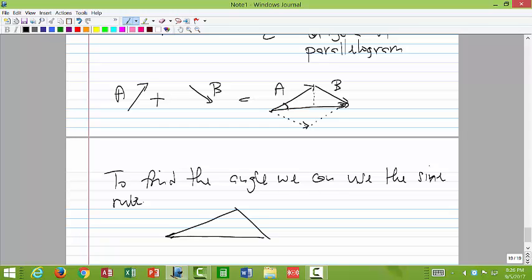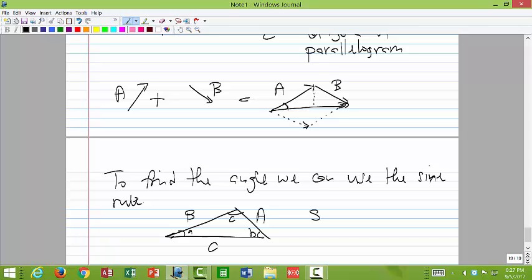Let's call this A, B, and C. So this will be C, B, and A. So I think it's, let me double check it before I write it out. Sine A over A equal to sine B over B equal to sine C over C. It's like that. Let me just double check it to be sure.